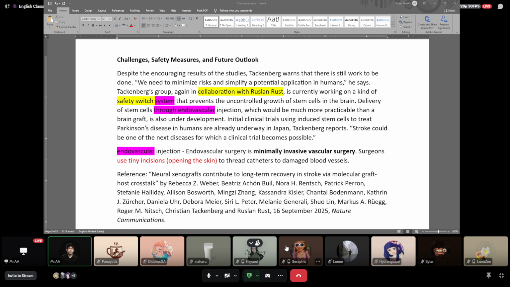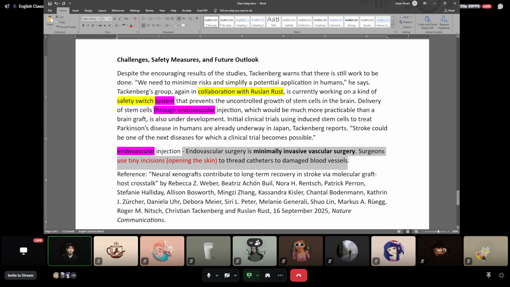Perhaps Seraphic, can you please explain to me what is endovascular injection? What do you understand by it after reading this? Minimally invasive. Okay, in this, surgeons open the skin or cut the skin to insert a catheter.